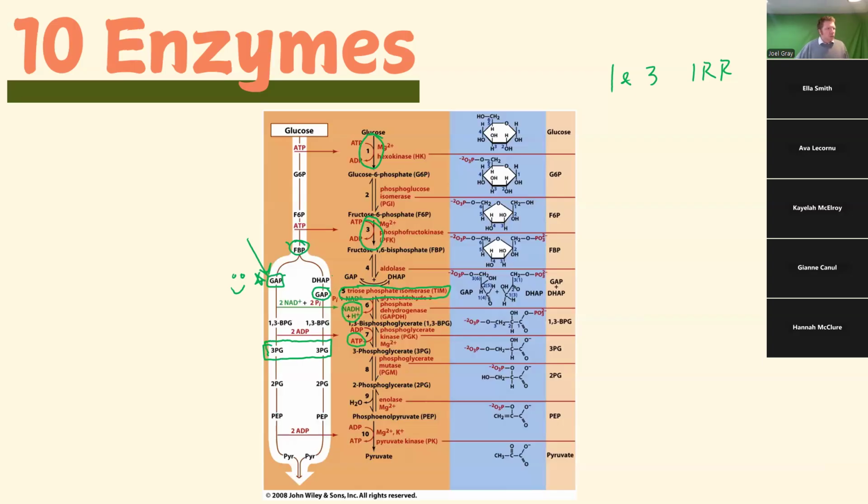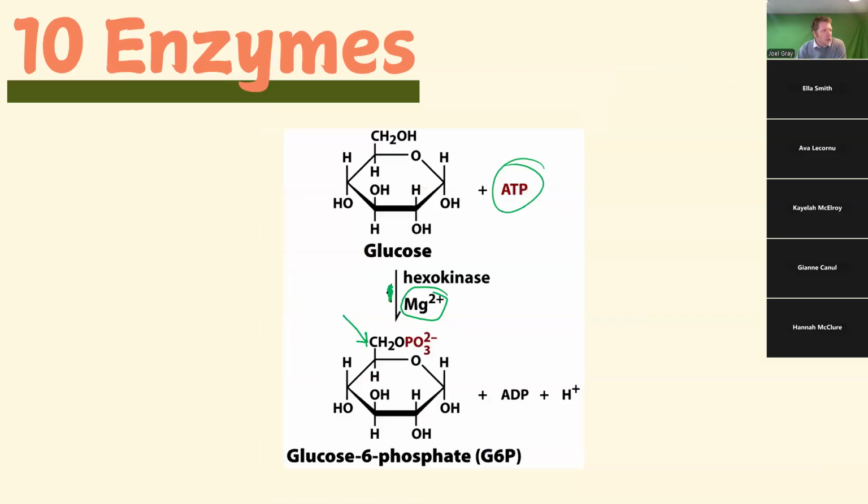Now what we need to do is look at this. We've got a mutase, and then we have an enolase. Those are our two enzymes: phosphoglycerate mutase, enolase, and then we're all the way home with pyruvate kinase.